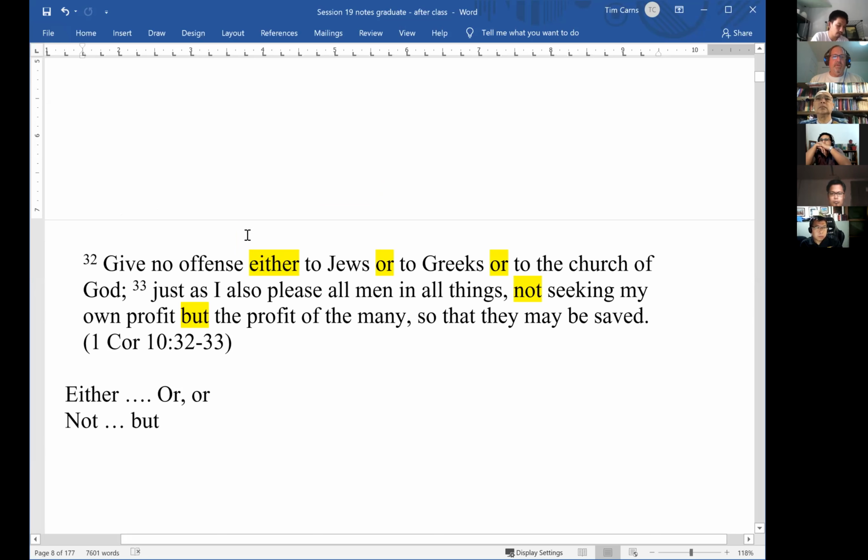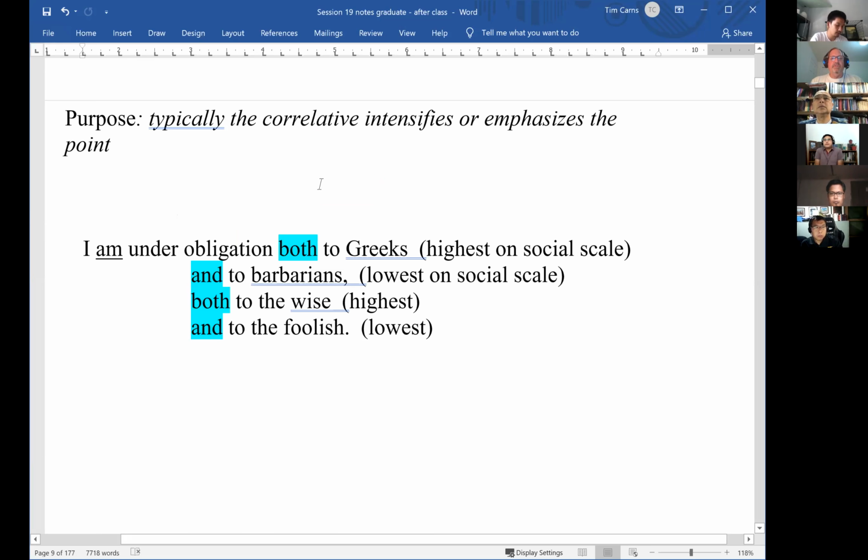And then even in this one, give no offense either to Jews or to Greeks or to the church. Again, I think there's a degree of intensifying by using that correlative conjunction. So that's one thing to consider, is the purpose of them usually is to intensify the point.